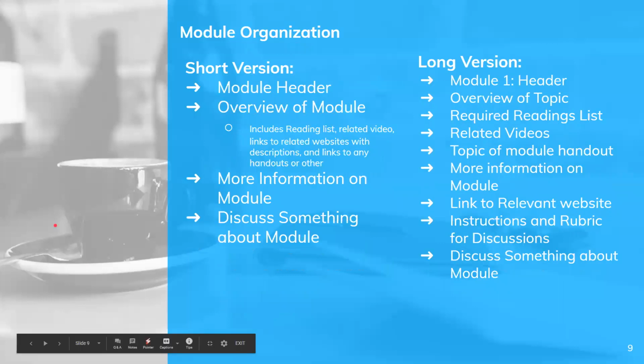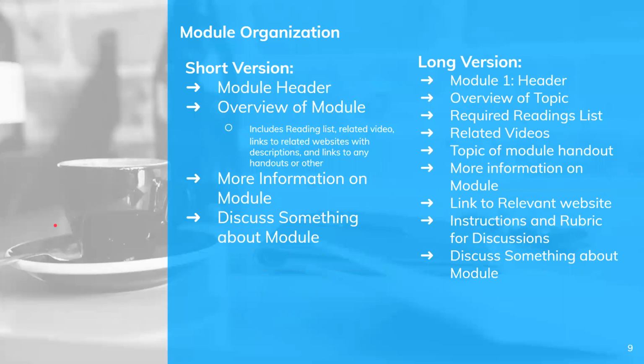Module organization. There are two ways to think about modules. The short version is basically a module header, and then an overview of the module, which includes a reading list, related videos, links to related websites, descriptions, and any other handouts. Then you probably have more information on the module, additional things.